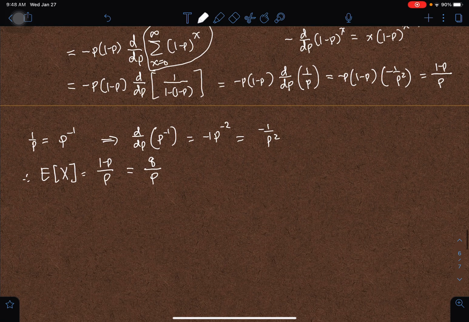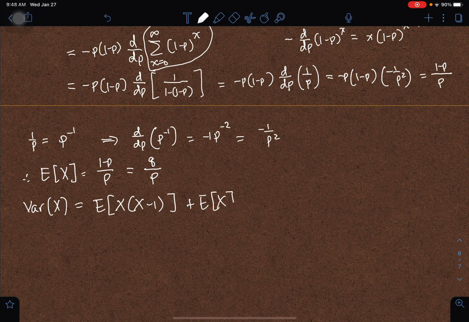Okay, again, for the variance of x, we will be using the expected value of x times (x minus 1) plus the expected value of x minus the expected value of x squared. So again, I'm going to leave as an exercise the expected value of x times (x minus 1).